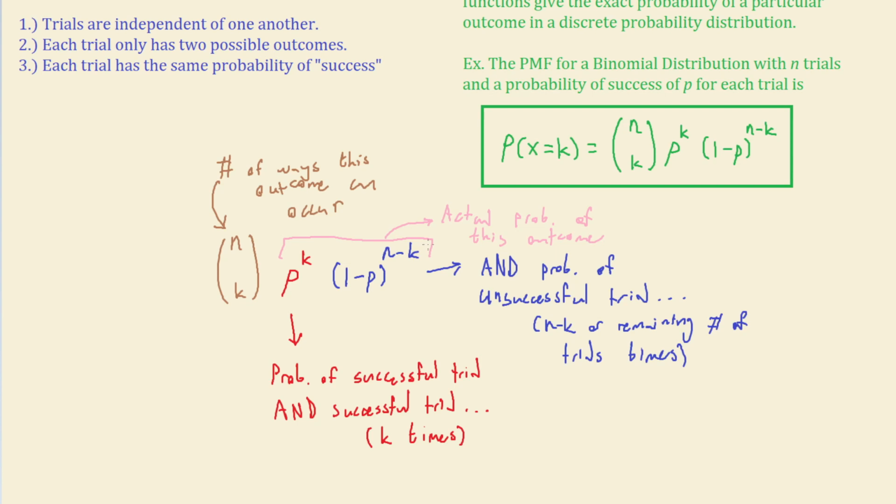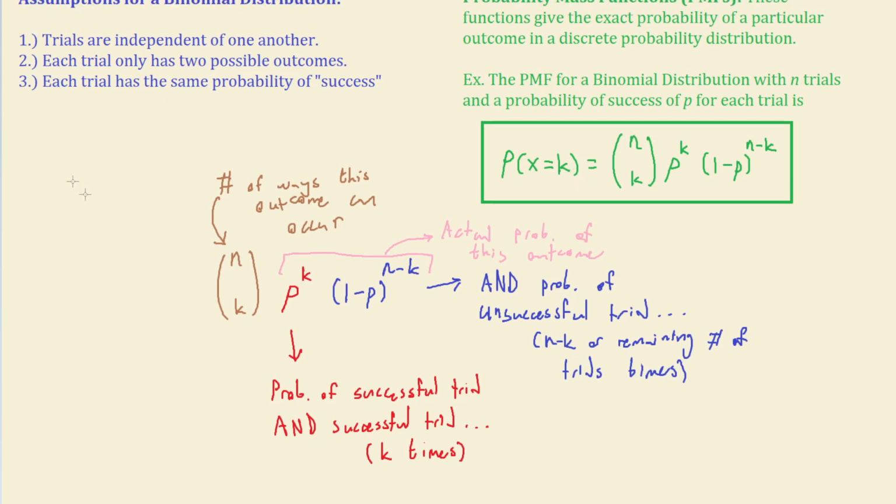And so that's what we have here in pink, the total probability of that actual outcome. And when you take the probability of that outcome and multiply by the number of ways that that outcome can occur, this is going to give you what you were looking for, which is exactly the probability that the number of successful outcomes is equal to k.